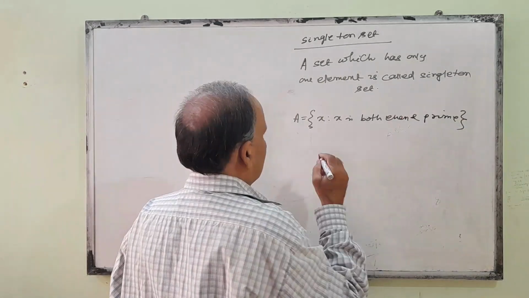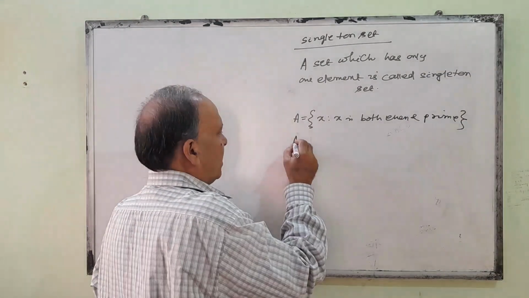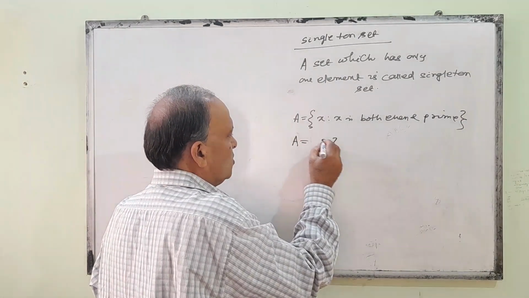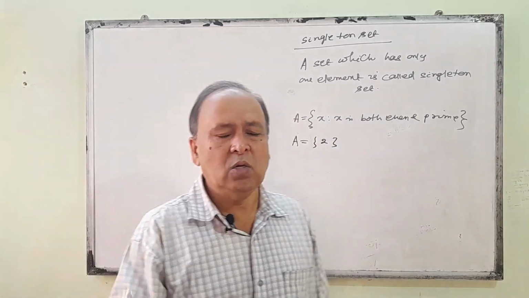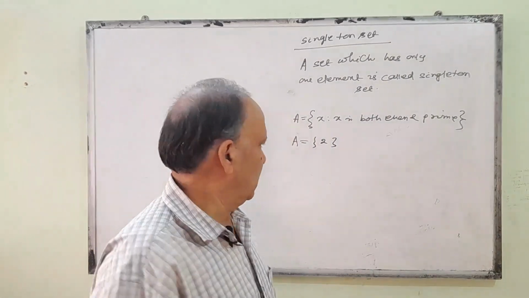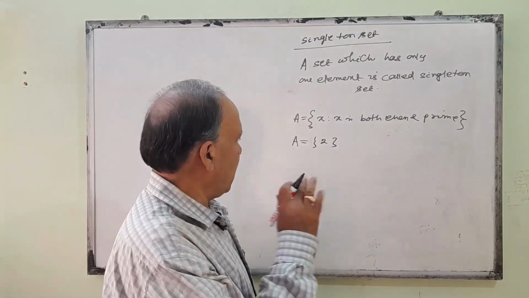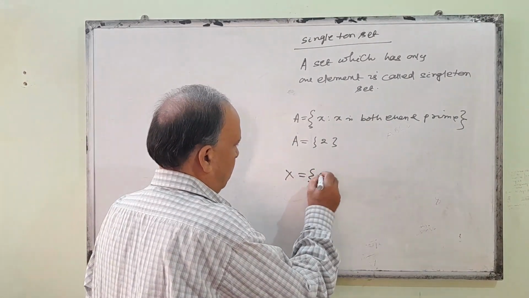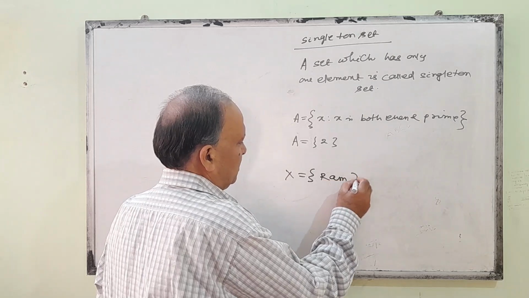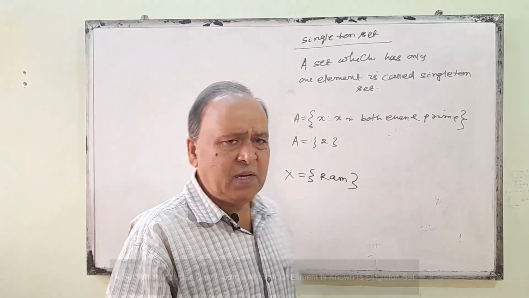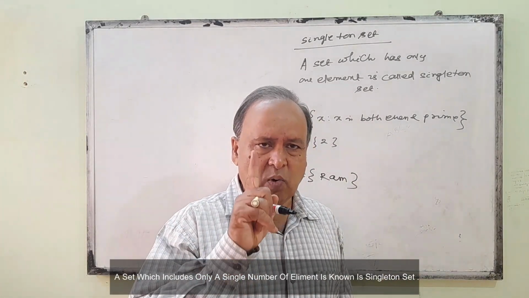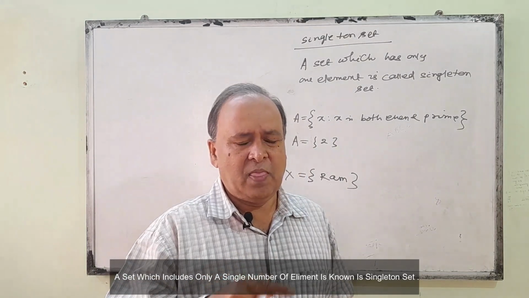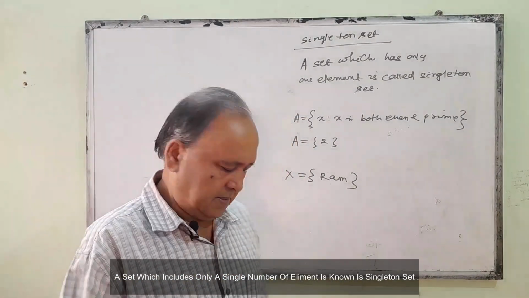This is a singleton set because we can write A equals {2}. 2 is the only number which is both even and prime. In a similar manner, you can give any example. Suppose X is a set containing Ram. This is also a singleton set. That means any set which has only one element is called a singleton set.